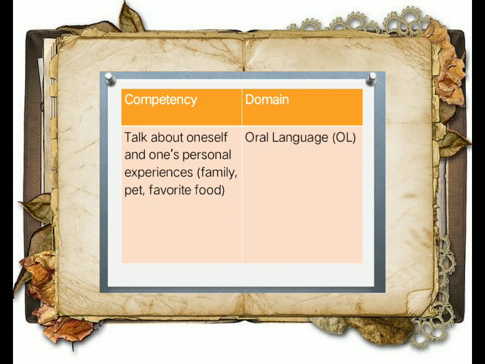Example here in the table. Our competencies would be talk about oneself and one's personal experiences, family, pet, favorite food. So as language domain, it would be oral language or OL.